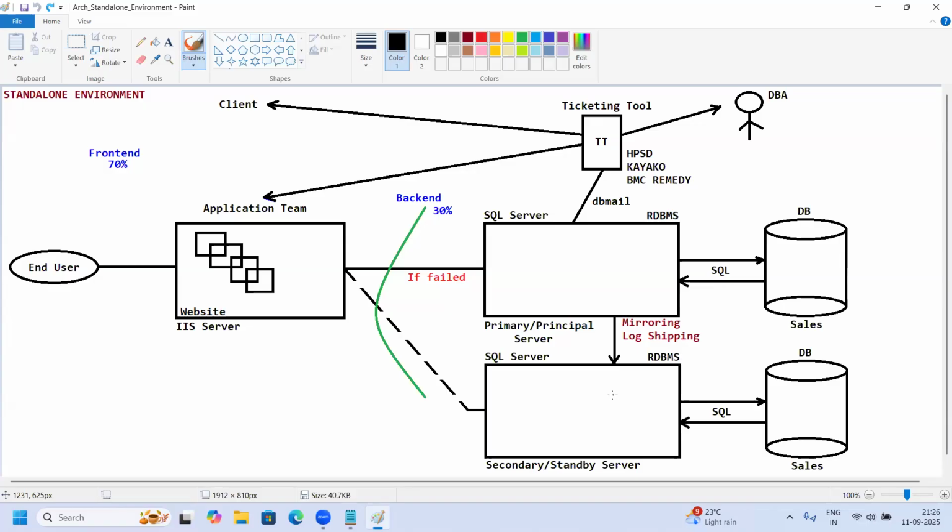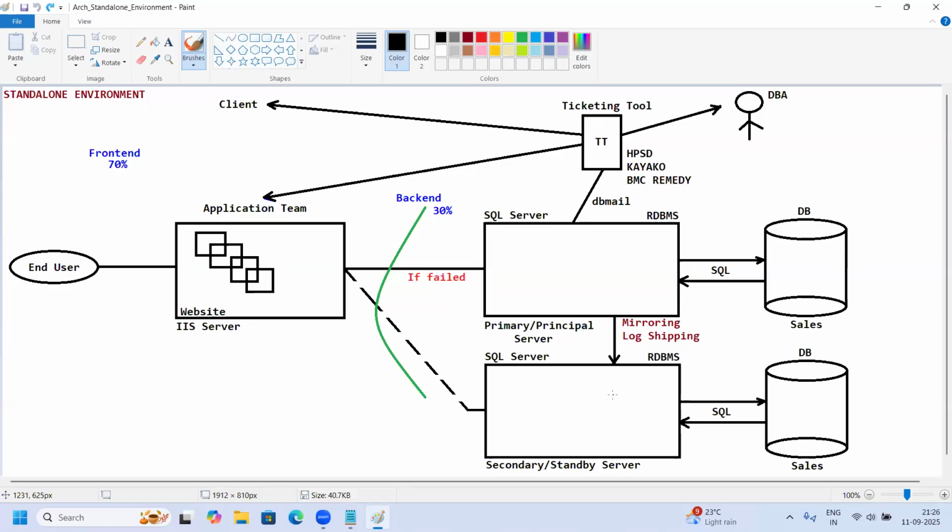And then what happens? Whenever that switchover process happens, immediately the information regarding the failure of the principal server, the failure of the primary database, has to be given to the client, to the application team, as well as to the DBA, whether he is in the company or not. Immediately, you have to inform.